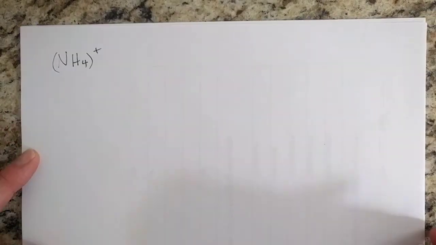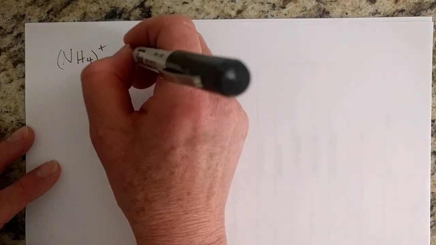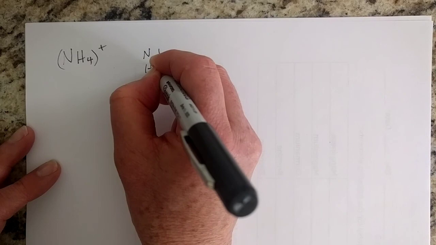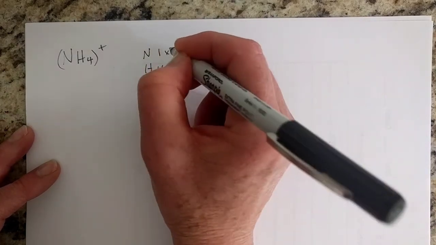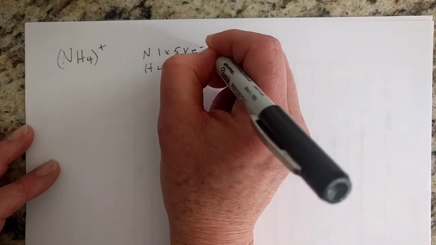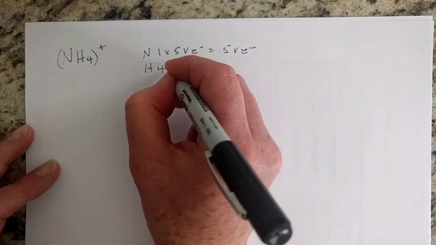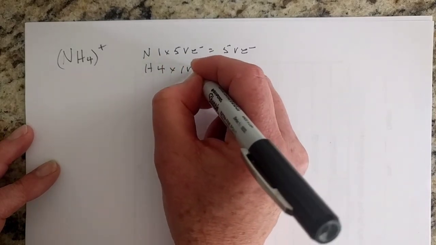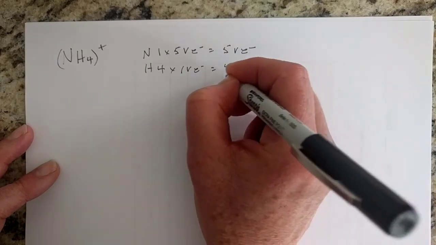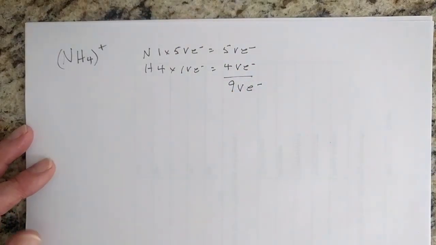We're going to do a valence electron count as normal. So nitrogen we have 1 and hydrogen we have 4. Nitrogen in group 15 has 5 valence electrons. Hydrogen has 1 valence electron. So 4 times 1, we have 4 valence electrons for a total of 9 valence electrons.